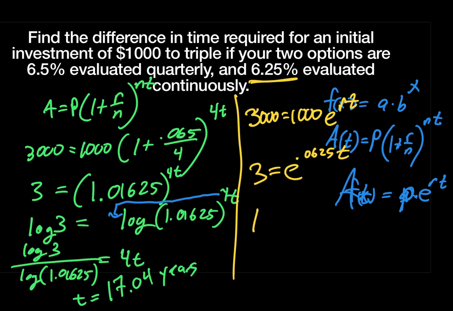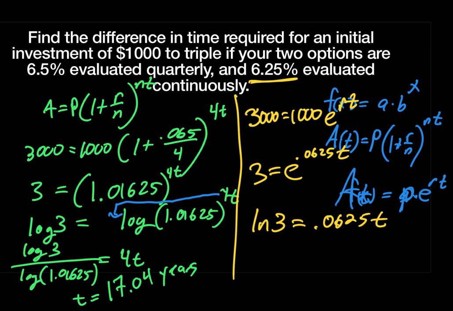So natural log of both sides, natural log of 3 equals 0.0625t. You'll notice I didn't write the natural log of that side because natural log and e are inverse functions. To use language that I don't like saying ever out loud, they cancel. They don't actually cancel. They're inverse functions. But they eliminate one another, leaving me with just the 0.0625t.